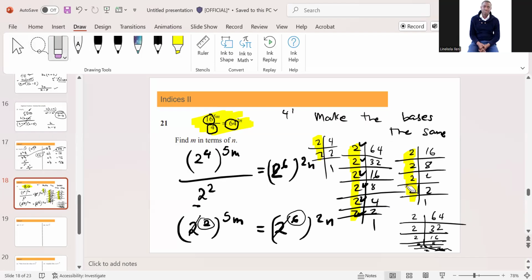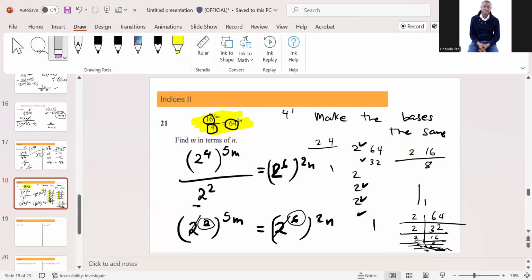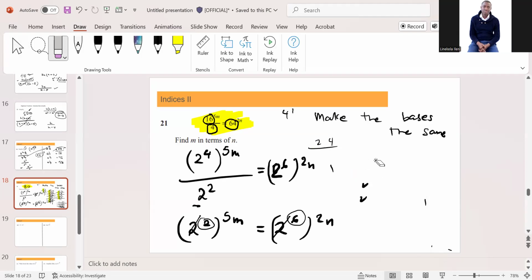I know that this was quite a challenging question for some students, even according to the examiner's report. So do be careful when you're approaching questions like this in an exam.